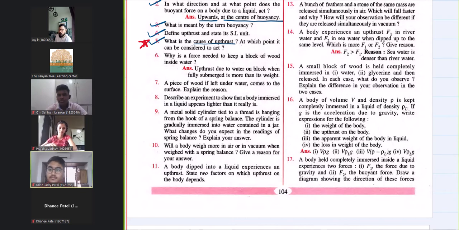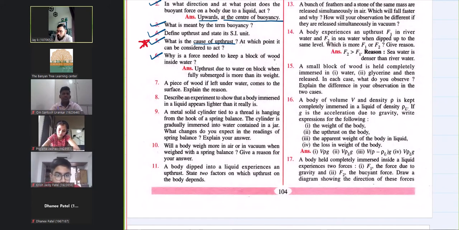Okay, why is a force needed to keep a block of wood inside water? Tell me. Here the answer is also given. See, a force is needed to keep a block of wood inside water because whenever a block of wood is submerged in water, an upthrust acts on the wood in the upward direction, which does not allow it to sink.